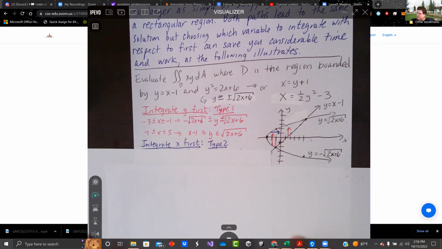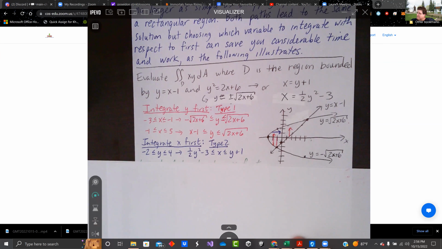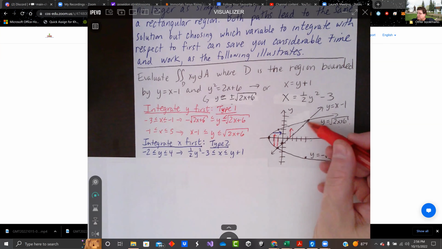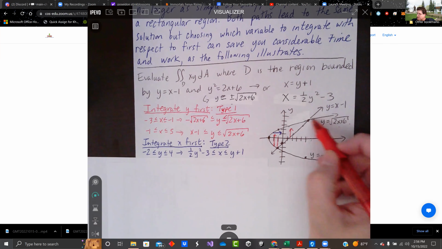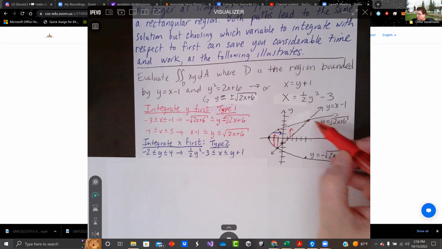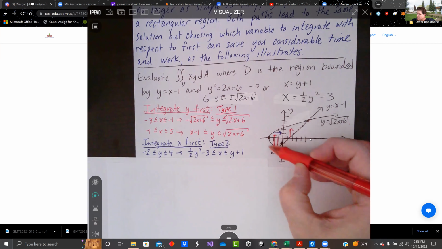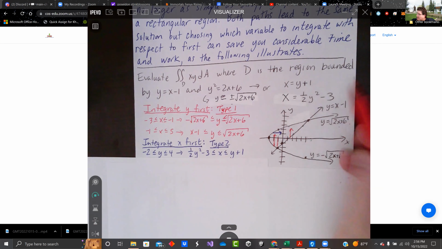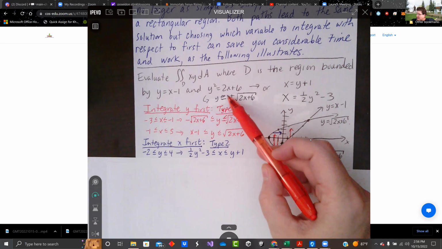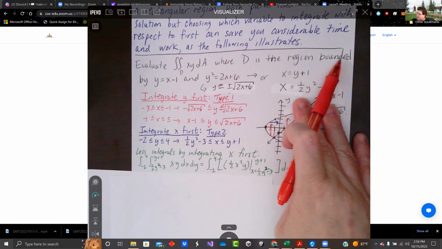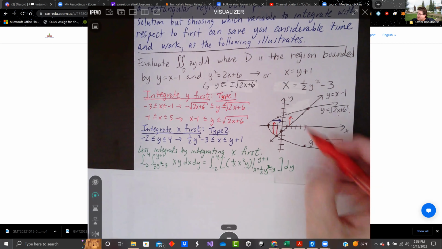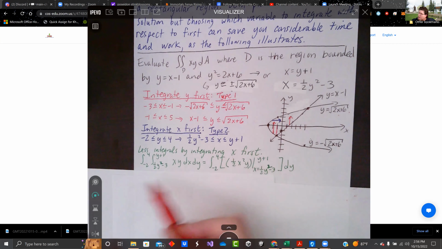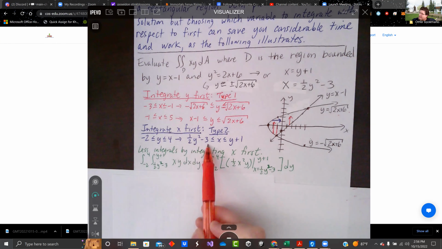If we integrate along x first, we can see that x minus 1 is always the upper line, and the lower line is always that square root. In fact, if I'm writing it in terms of x, I subtract 6 over, divide by 2, and that turns into 1/2 y squared minus 3, as I've got listed here.